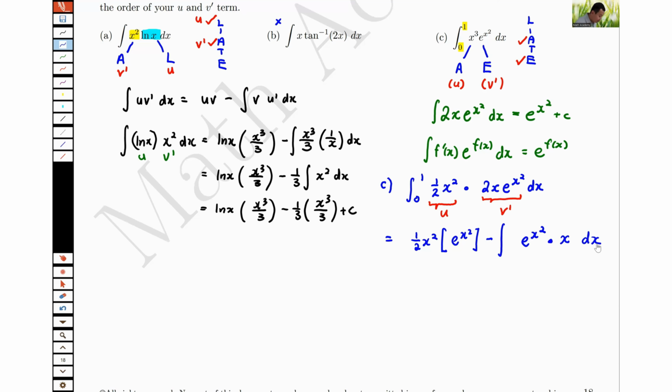But this question has limits. There was a 0, 1. You have to continue writing your 0, 1 here. At the same time, the first term you have already integrated. If you have already integrated your term, you must put square bracket and put in the 0, 1. It will mean that later we will substitute 0 and 1 to this particular term. Okay, so I continue on the next line.